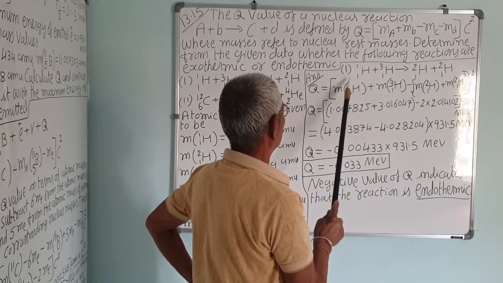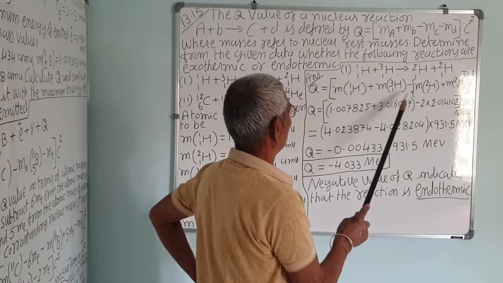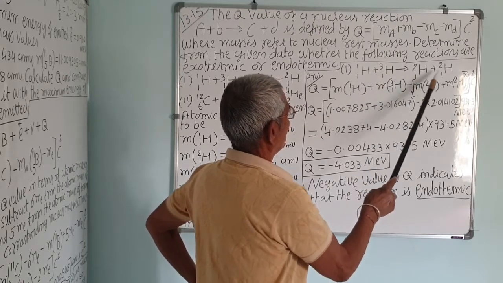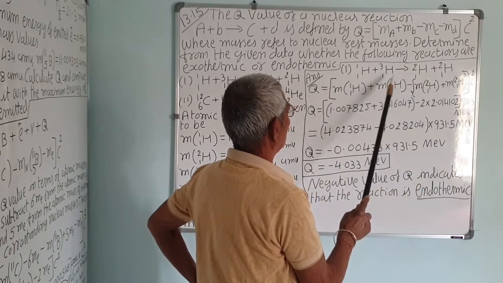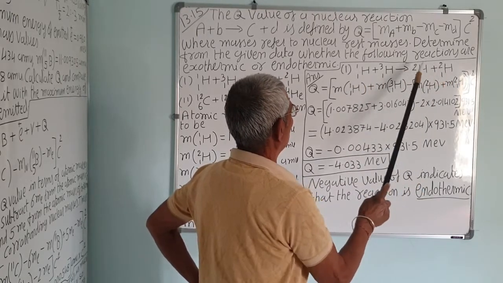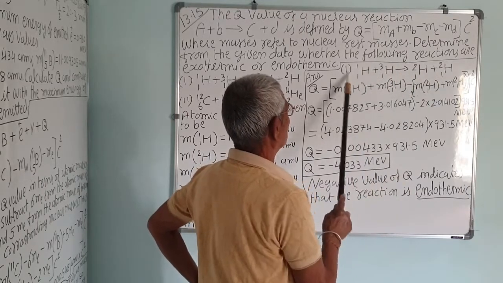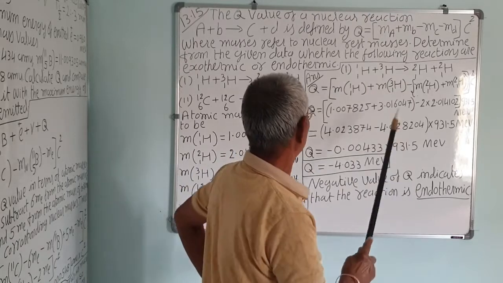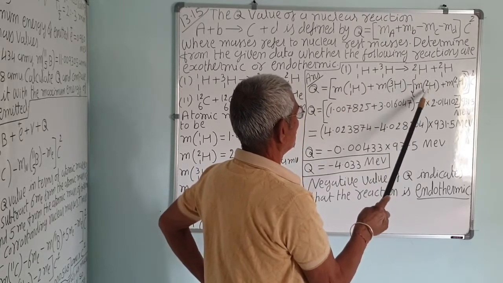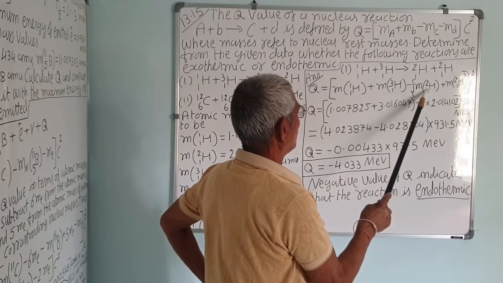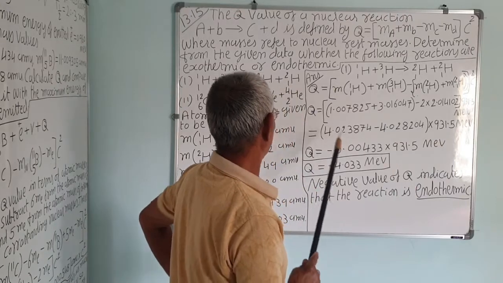So Q is the mass of hydrogen plus the mass of tritium minus the mass of the products, multiplied by c square. If you subtract the mass of these two daughter elements from the parent elements, you get the mass defect. You can multiply by 2 directly.